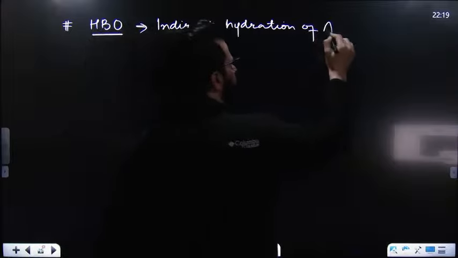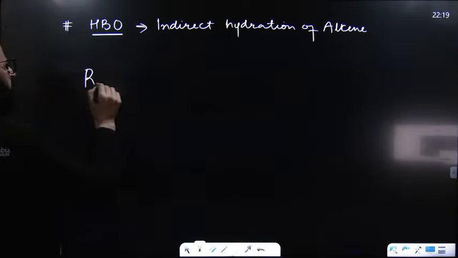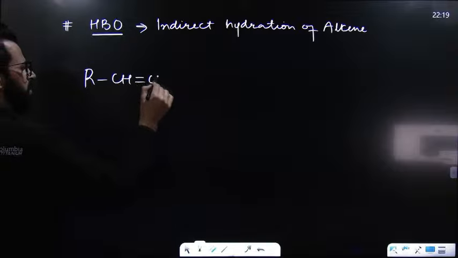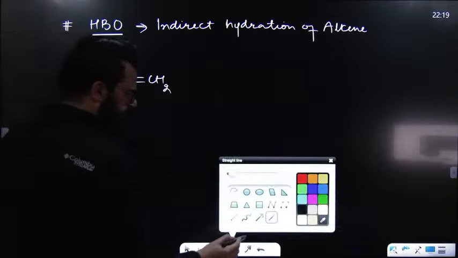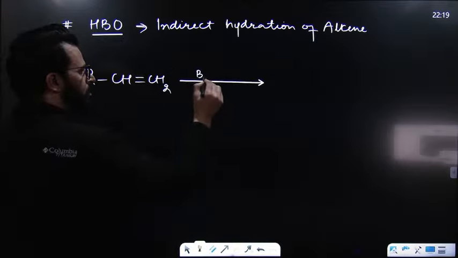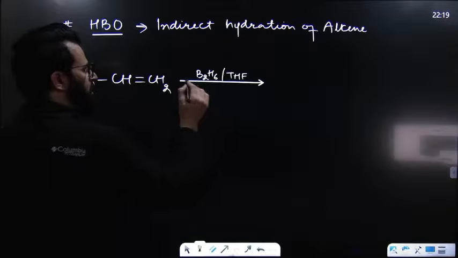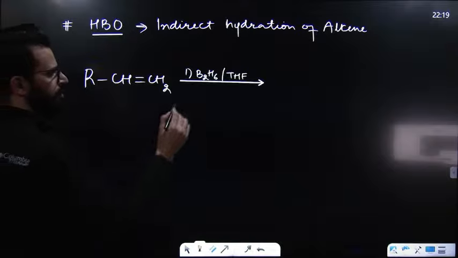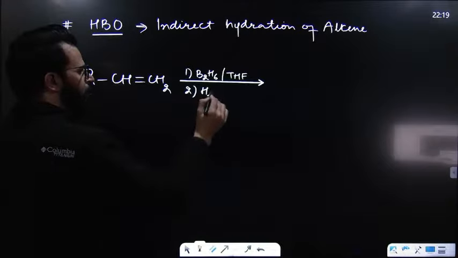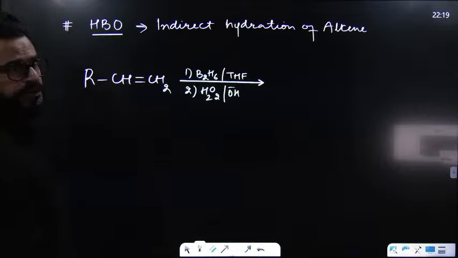You have to remember the reagents of it. Whenever an unsymmetrical alkene is there and you want to perform hydroboration-oxidation, BH3 or B2H6 is the reagent due to which hydroboration takes place, and after that H2O2 with OH negative, due to this oxidation will take place.